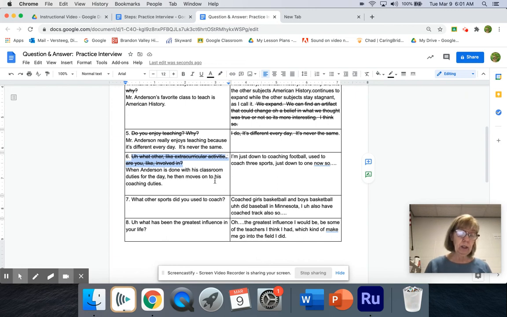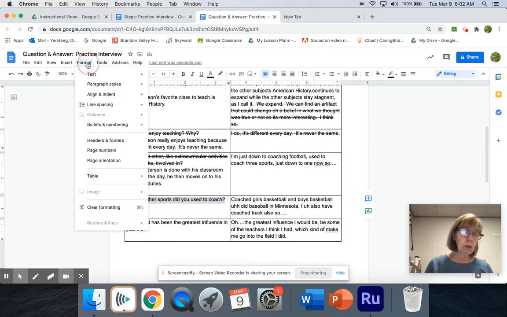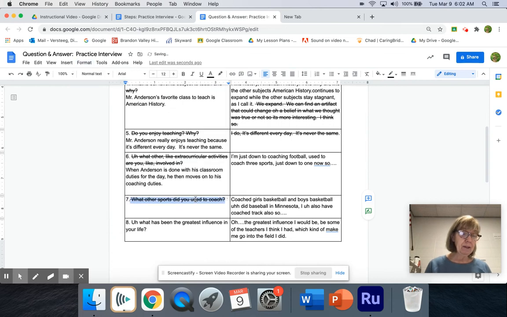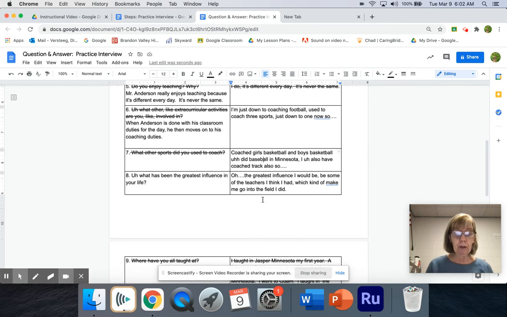So what we're actually going to do is let him tell us 2 things about coaching in a row, which then means you can take question number 7 and strike it through, and it's going to be you say this, he says this, and then he says this. So again, I'm just trying to show you a variety of things that might pop up in your interview and how you can write your script.